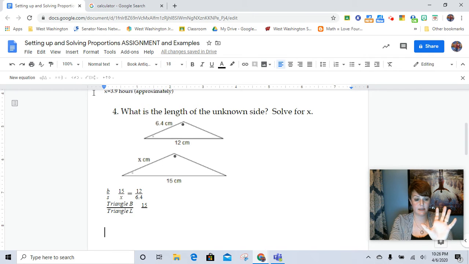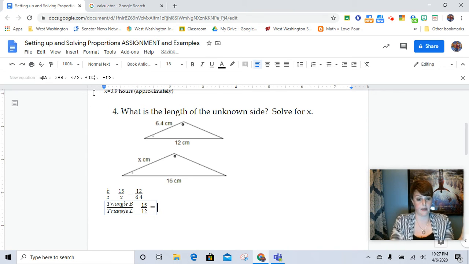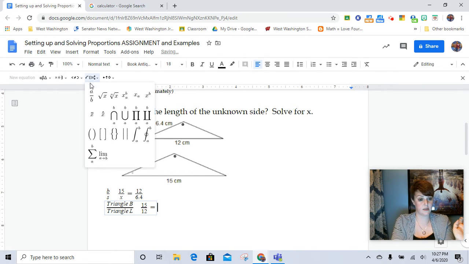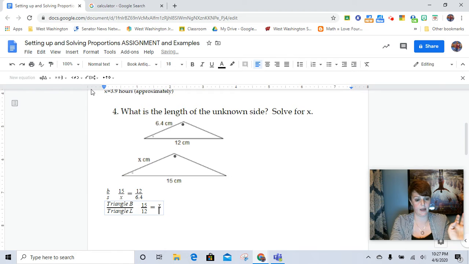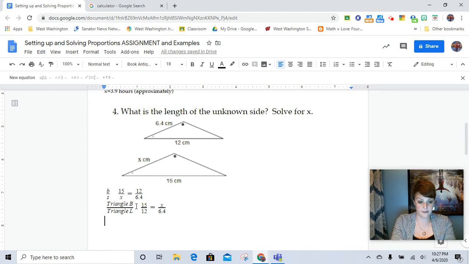And that same side, that corresponding side, I guess I should say, on the other triangle is 12. And then the shorter side on triangle B, the big triangle, is x. It's the length that I don't know. And then the short side on triangle L is 6.4.